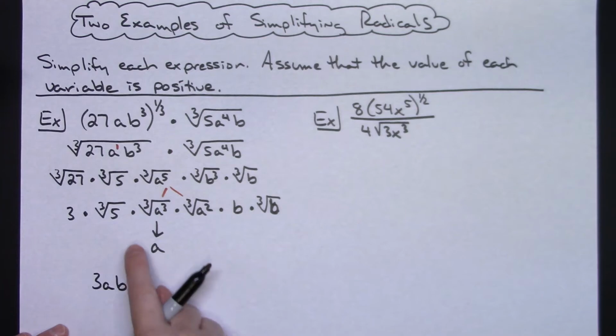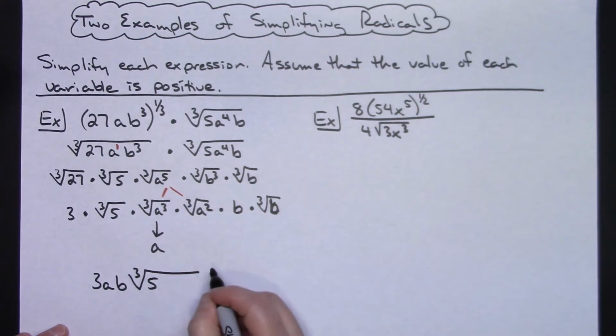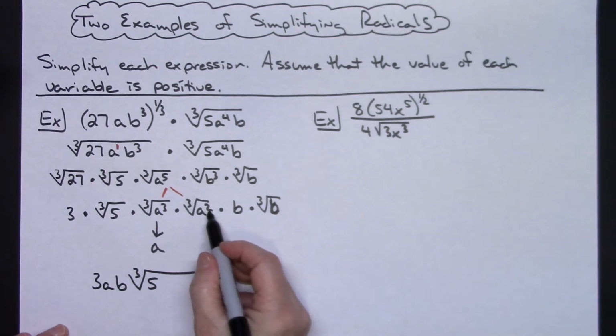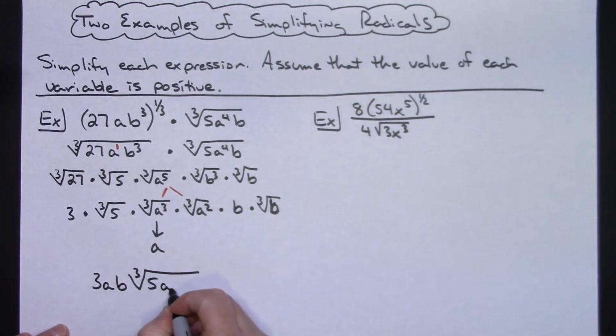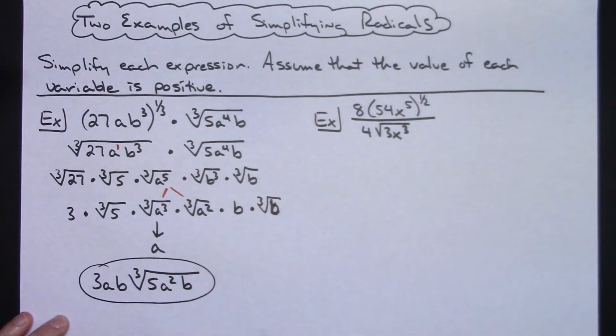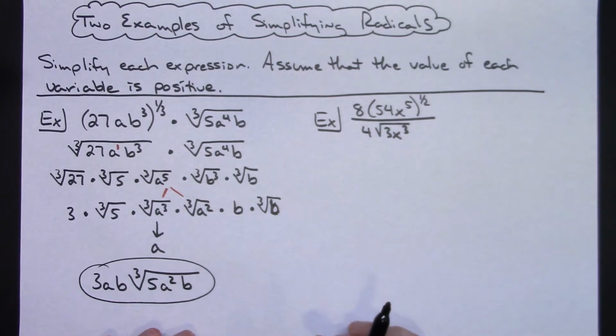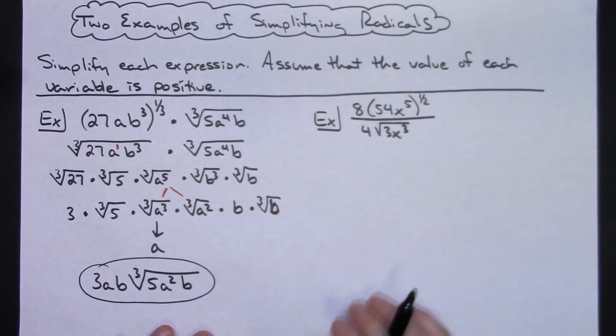Underneath my cube root, I will have a 5, and also an a squared and a b. And keep in mind, we're always only using positive values for my variables there.